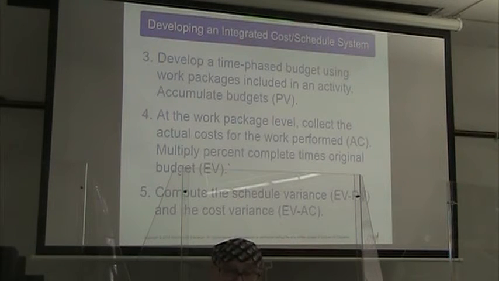Then we're going to compute the schedule variance, which is the earned value minus the planned value, and the cost variance, the earned value minus the actual cost.